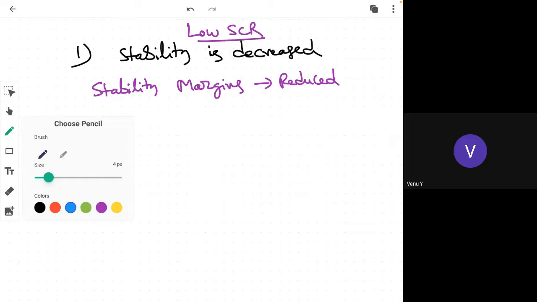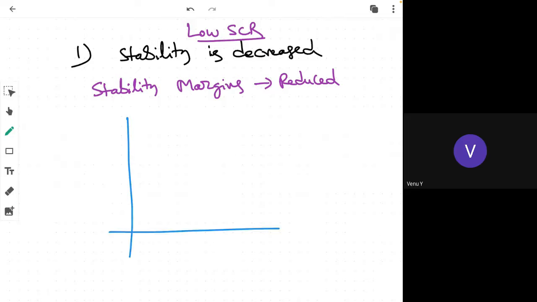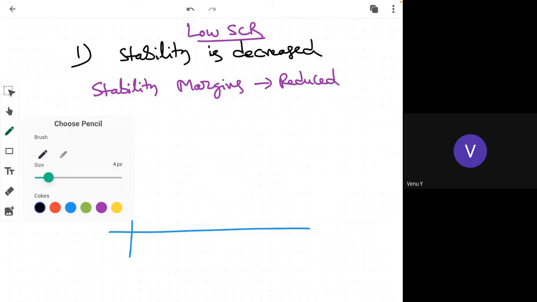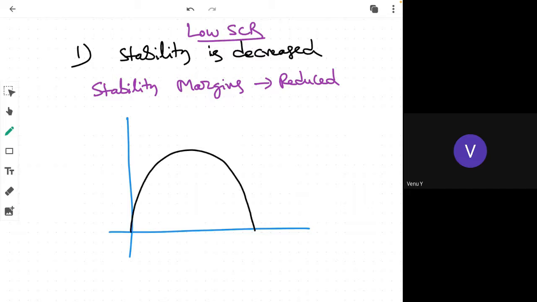So let us take a power triangle, and this is the delta x-axis, P y-axis, PE, and this is the PM, mechanical power input.